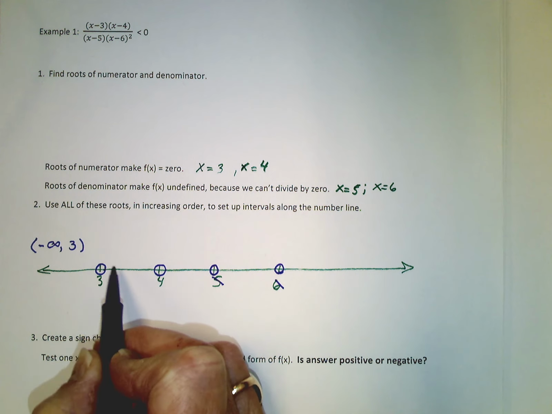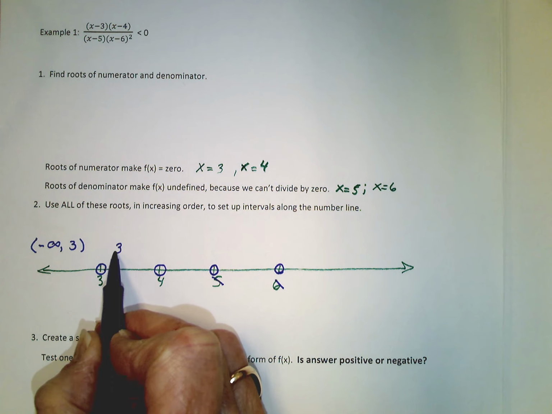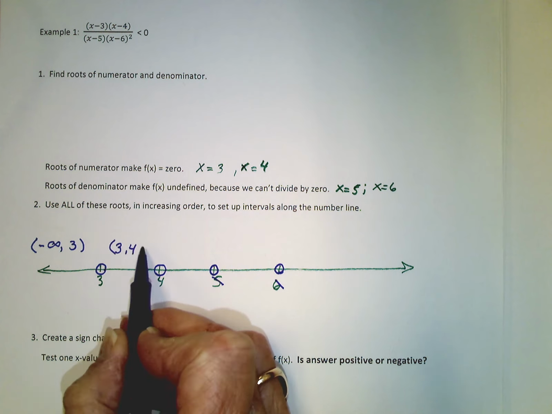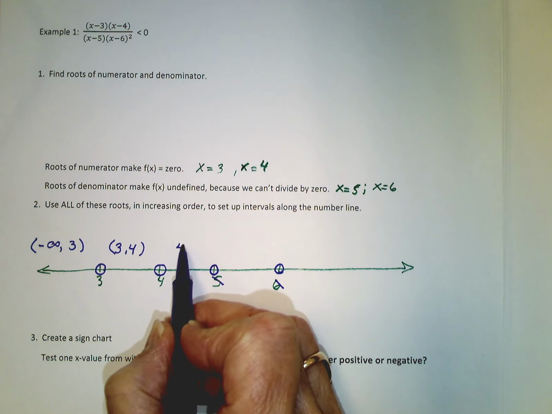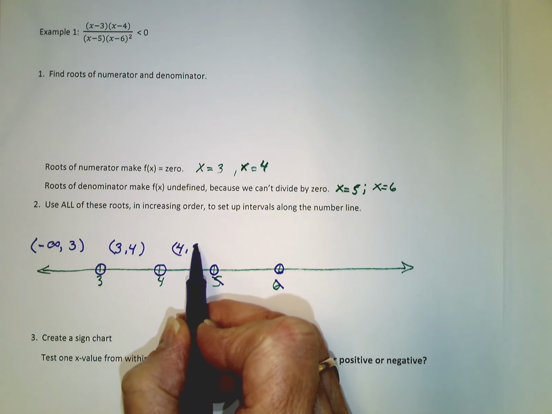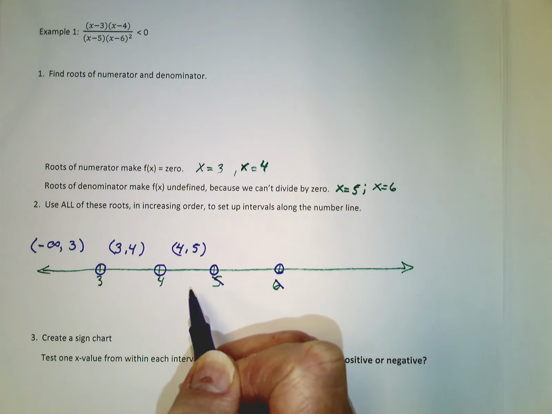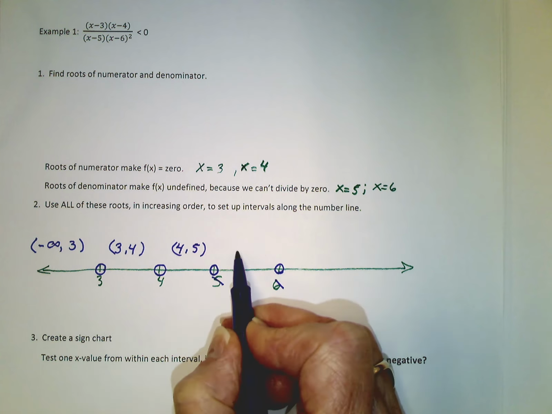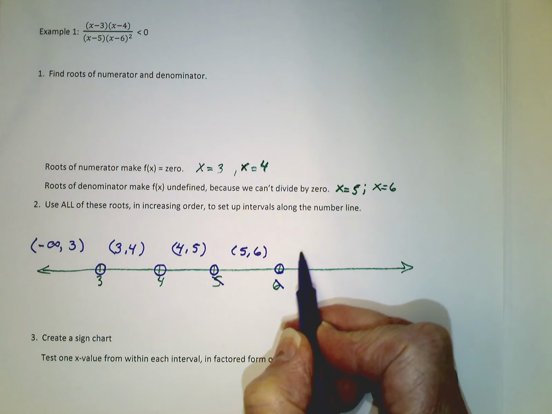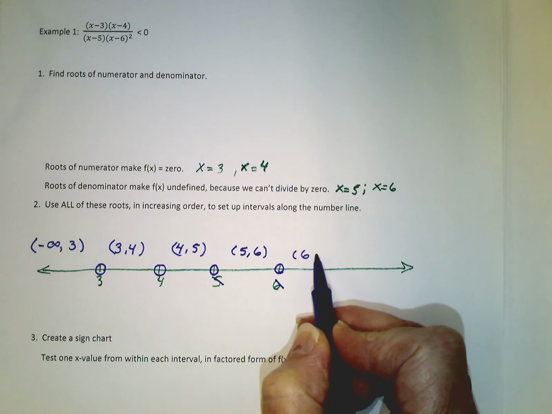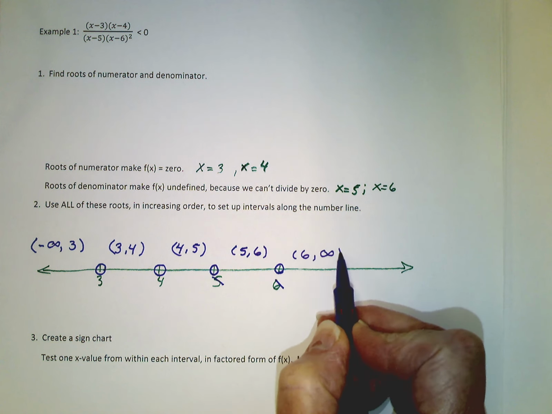Here we're going to have an interval from 3 to 4, but we're not allowed to use either one of those. Here we're going to have another interval from 4 to 5, and again, we're not allowed to use either one of those. Excuse me. And from 5 to 6 exclusively, and from 6 on up to infinity.